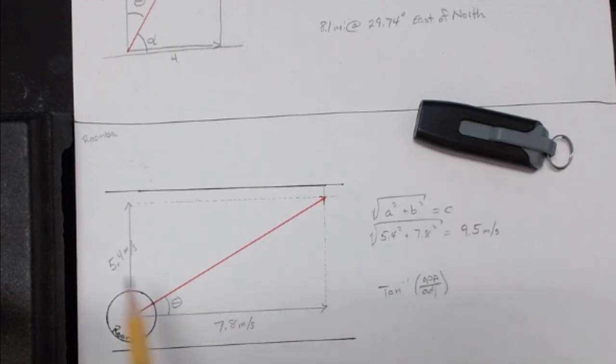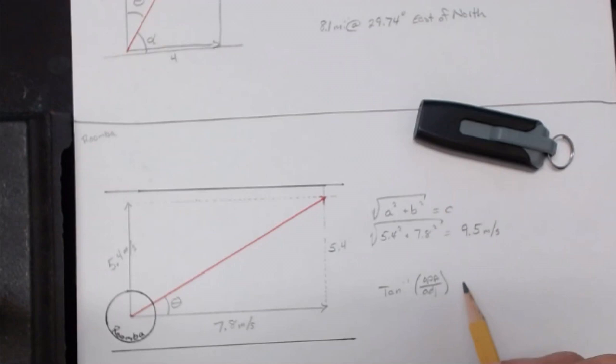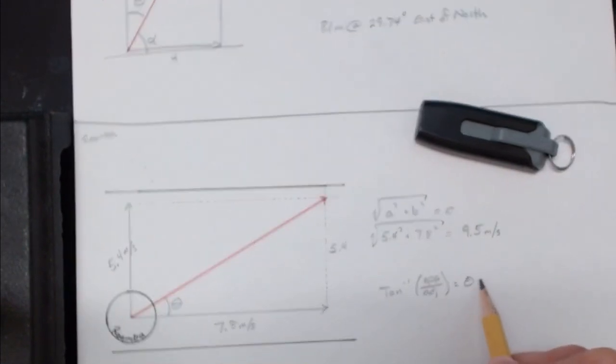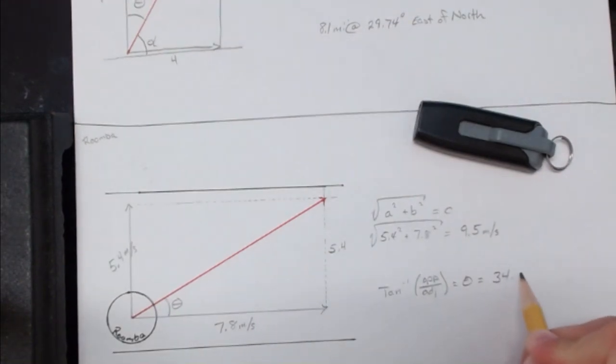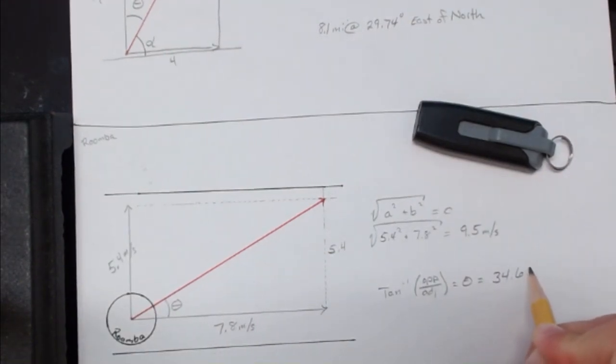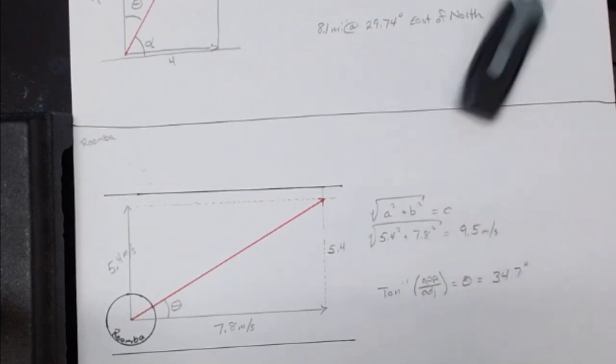And so that opposite side is going to be 5.4 just the same. And so what is my theta? 34.69. So let's just call it 34.7 degrees.